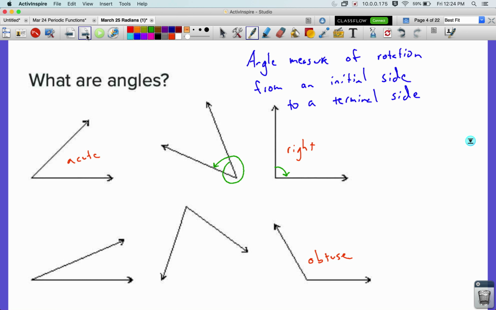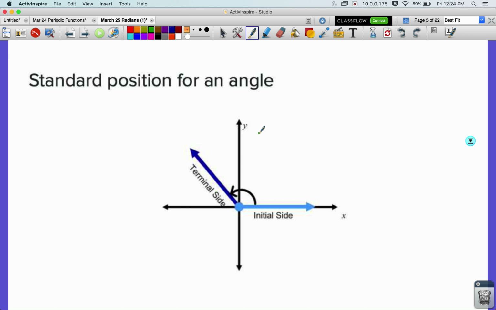So we're going to start drawing all of our angles in something called standard position. Go ahead, sketch this into your notes there. And a key feature of standard position is that your initial side is always anchored at the origin. And it extends along the positive x-axis.